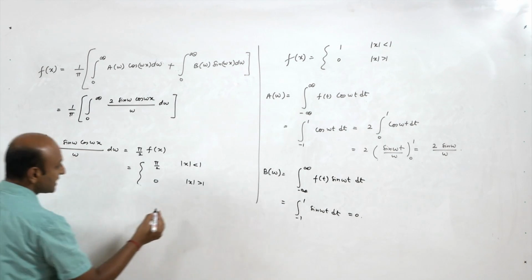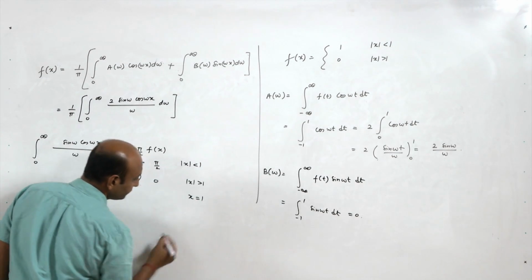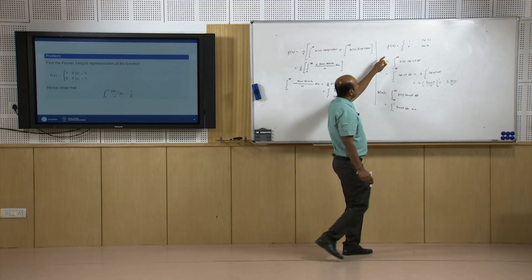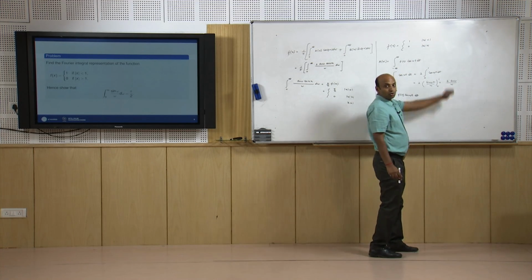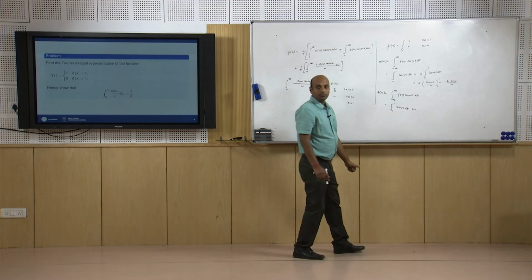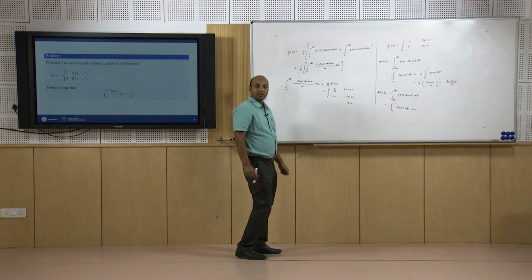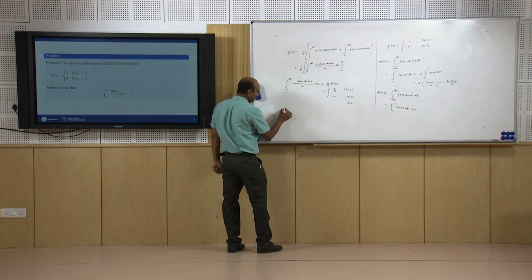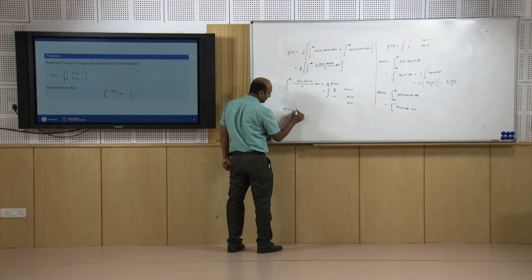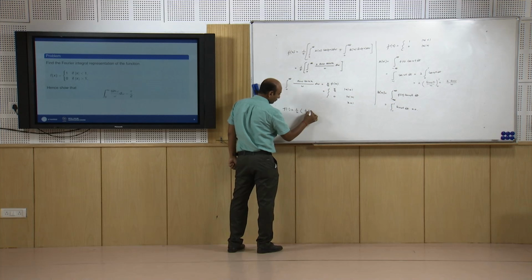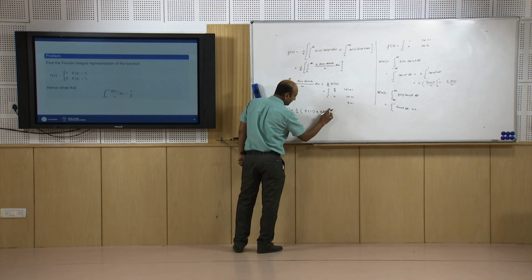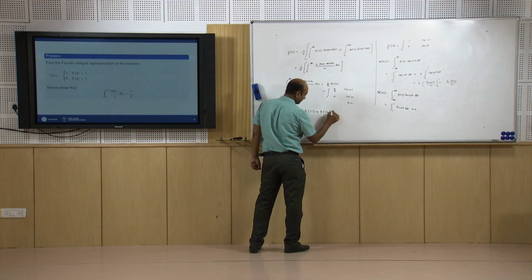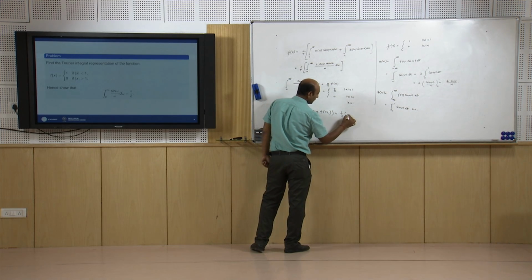And what happens when x is 1? When x is 1, it is discontinuous. So it converges to the average of the left hand limit and right hand limit, which is nothing but f1 equals half of f1 minus plus f1 plus. So that will be nothing but 1 by 2 times 1 plus 0.